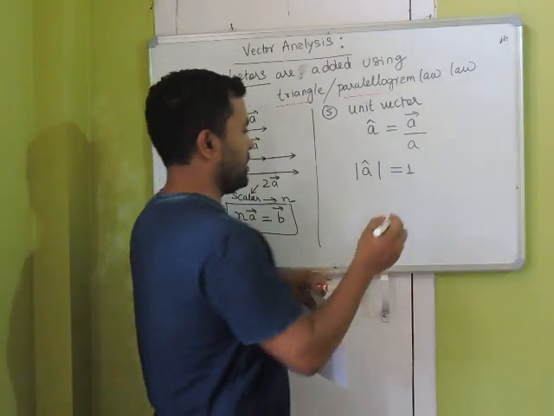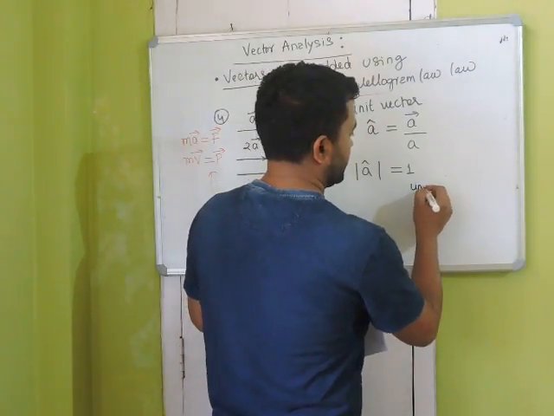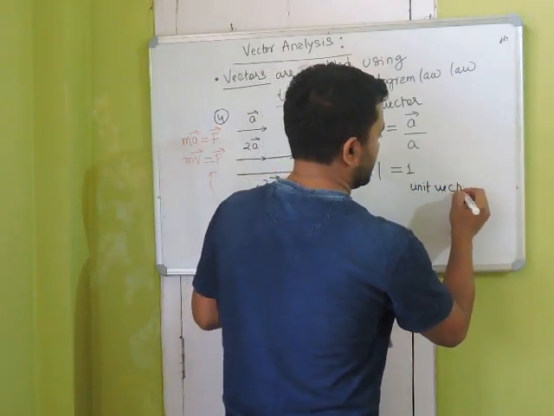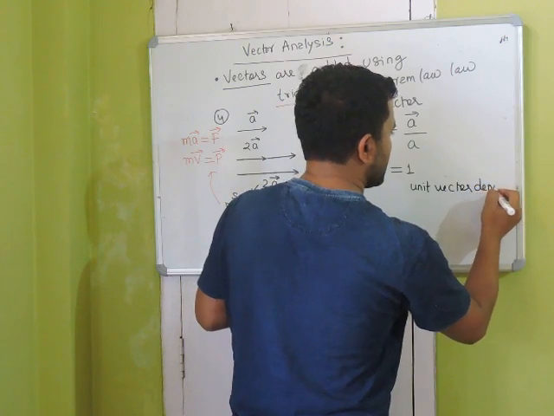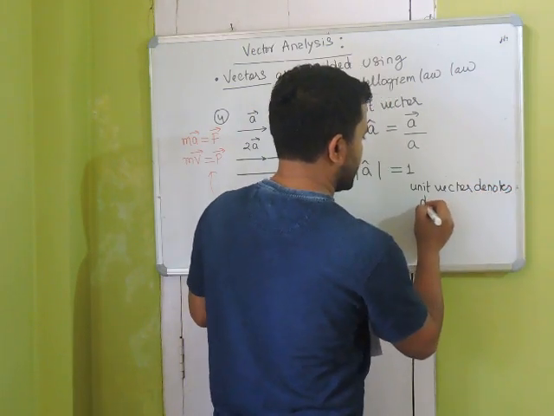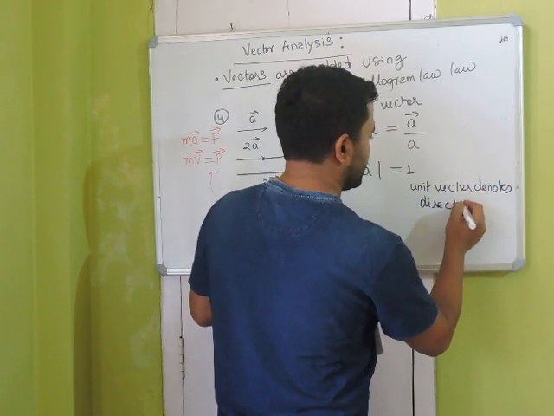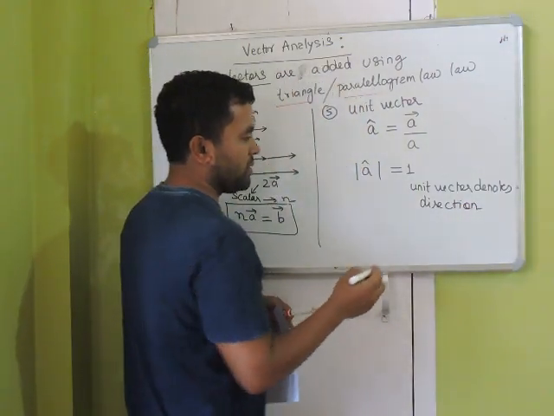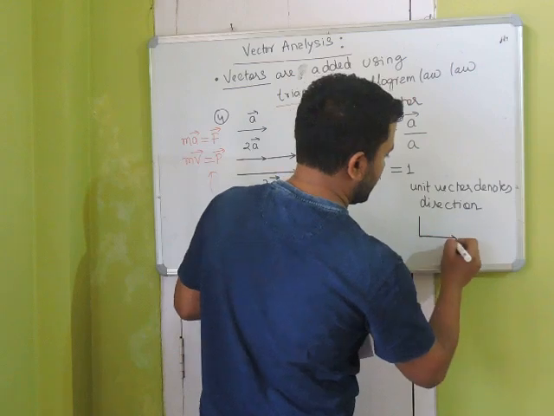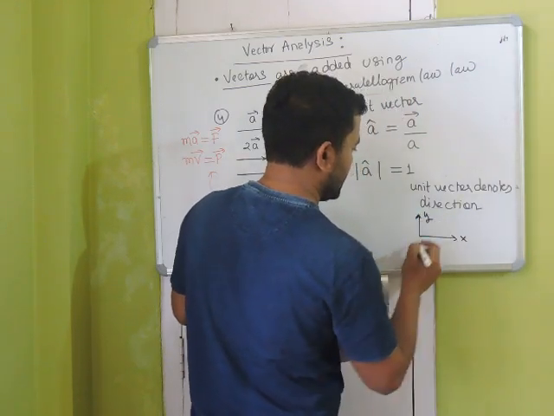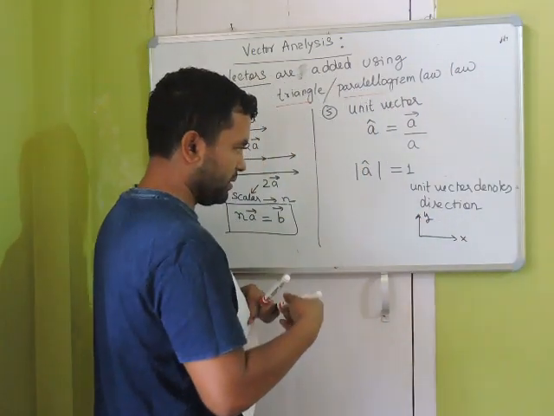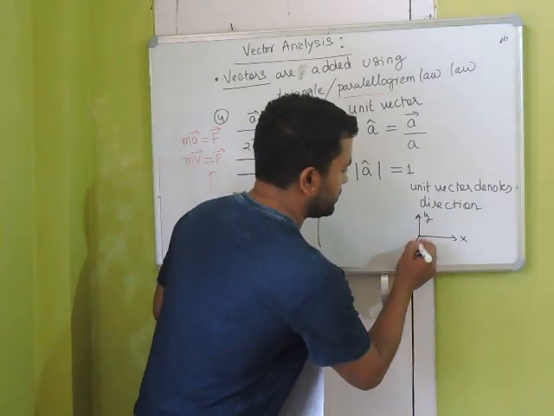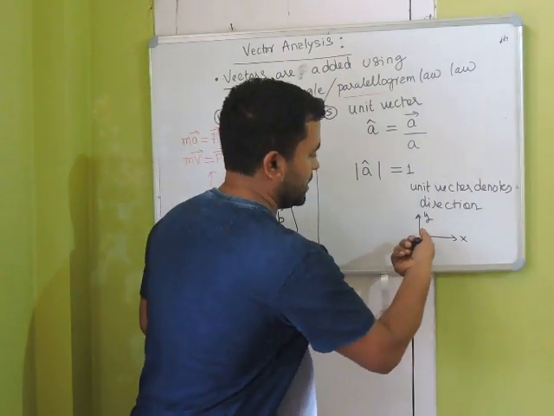So unit vector denotes direction. In our case, we will say that along X, Y and Z, Z is coming out. This is Z is like this.